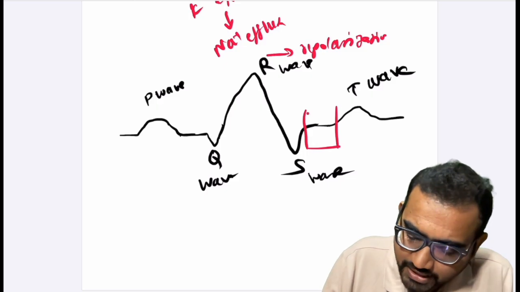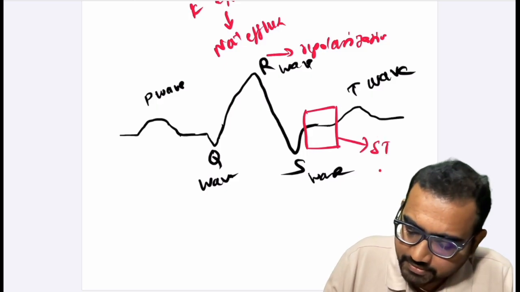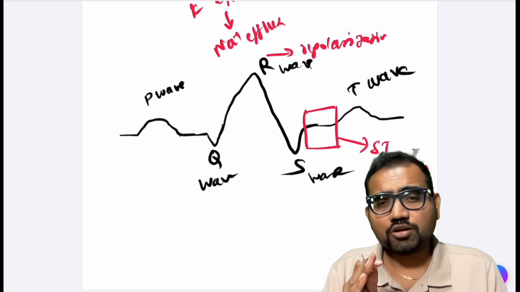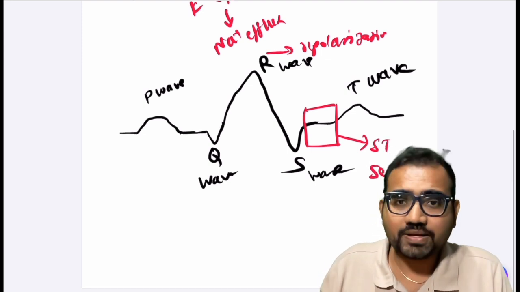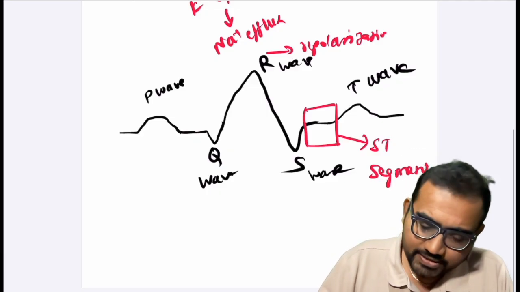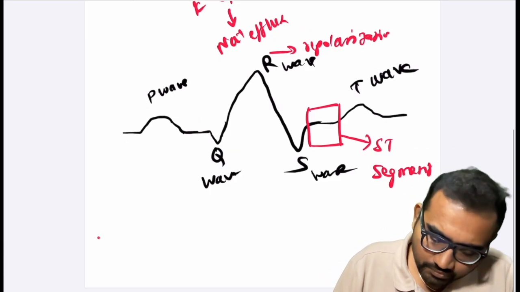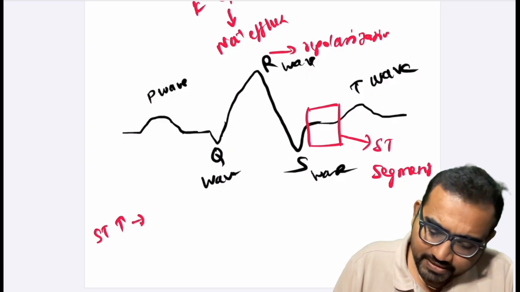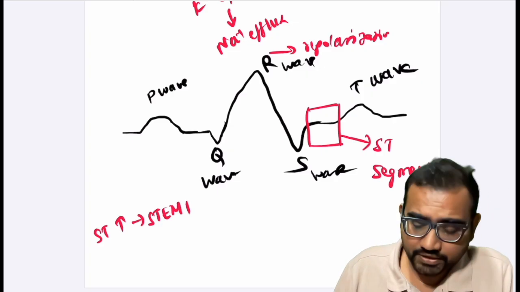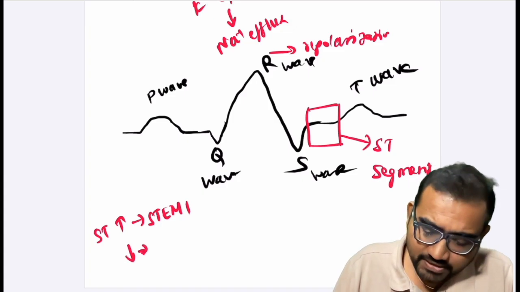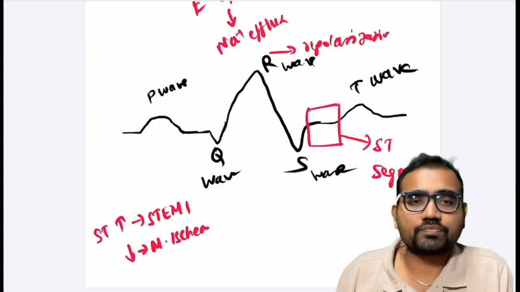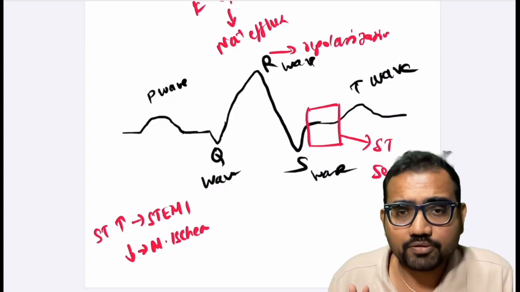This region is called the ST segment, the end of the S and the beginning of the T. ST elevation is seen in cases of STEMI, ST elevated myocardial infarction, and ST depression is seen in cases of myocardial ischemia. This is the first segment we are learning here.